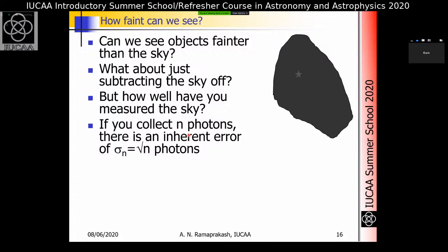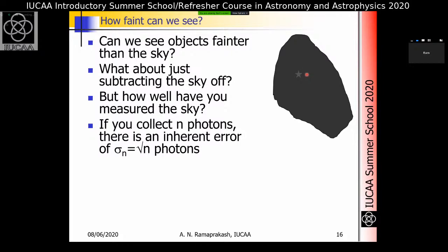So the nature of the statistics is such that if I collect n photons from a target, it has an inherent variation, inherent uncertainty, inherent error of root n photons. So if I measure the light from this part of the sky and I collect 100 photons, I know that measurement is uncertain because of the nature of photons.